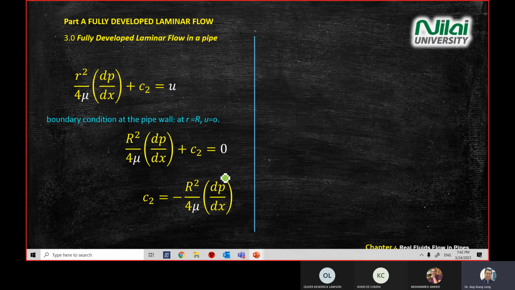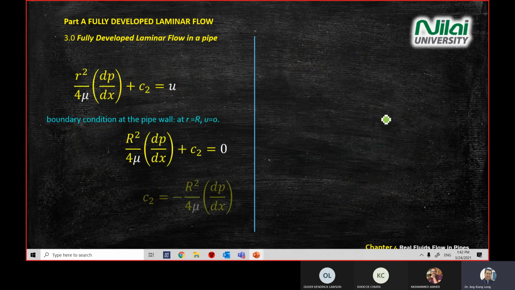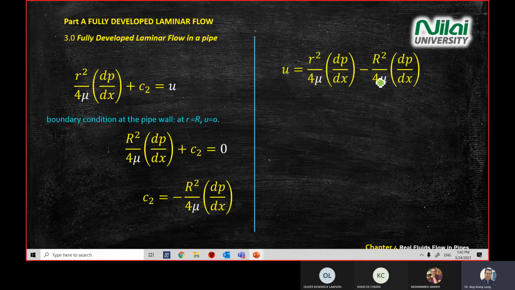You substitute back into the earlier equation, with C1 equal to 0 and C2 as found. So you get a complete equation, and from there you get your first velocity profile equation with the small r and capital R in the terms.